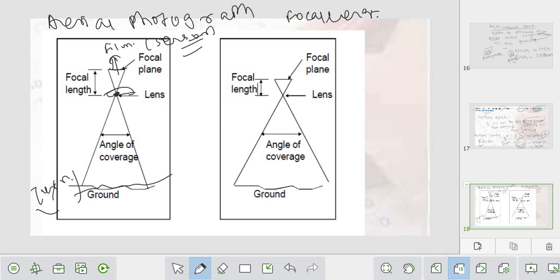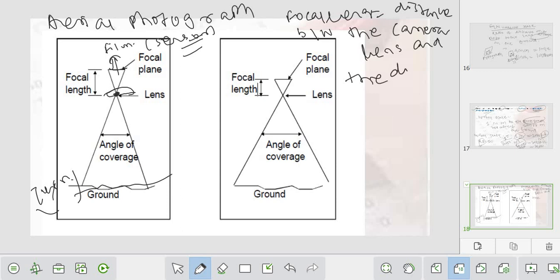So focal length is the distance between the camera lens and the digital sensor or film, you can say. ठीक है, so यहाँ पे एक सेंसर लगा हुआ है and this is a lens. So this distance is called focal length or small f.